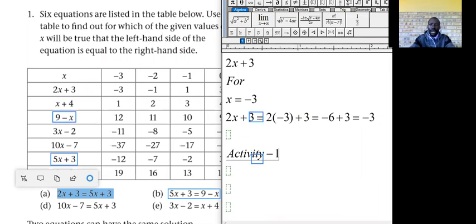For activity 1, part A, which is this one, we found out that the value of x is equal to what? The value of x is equal to 0 by method of inspection.